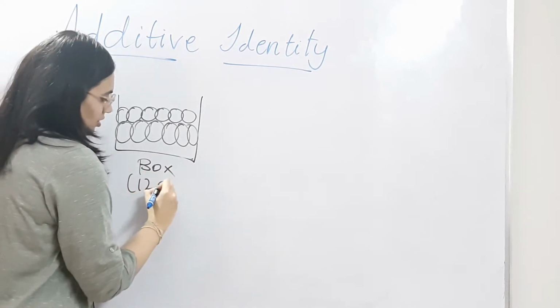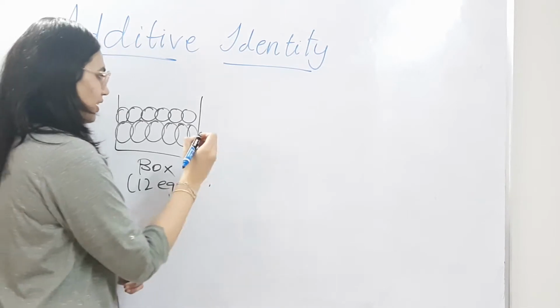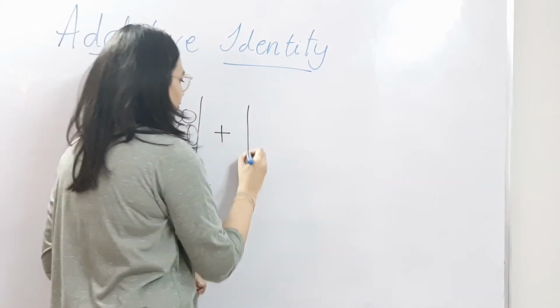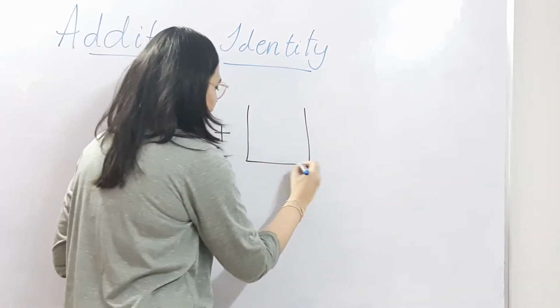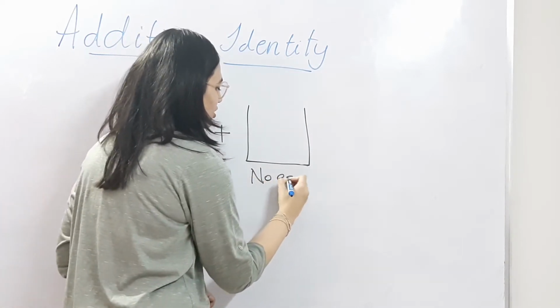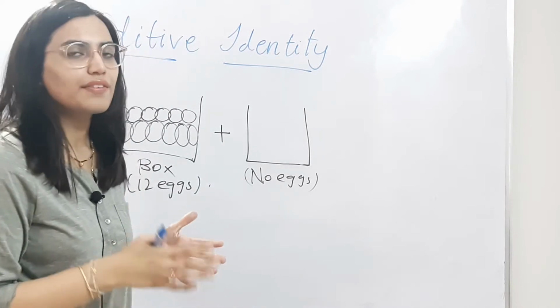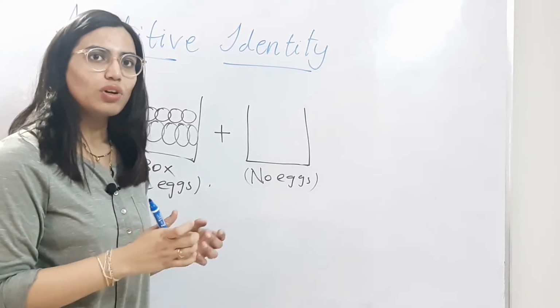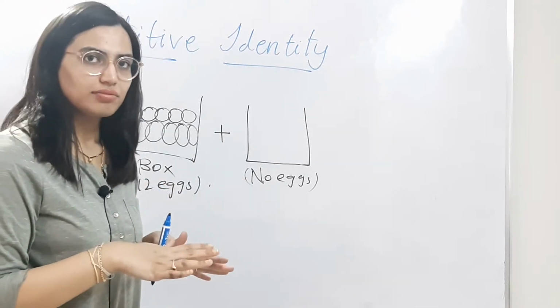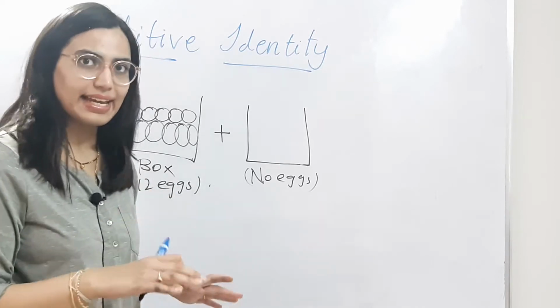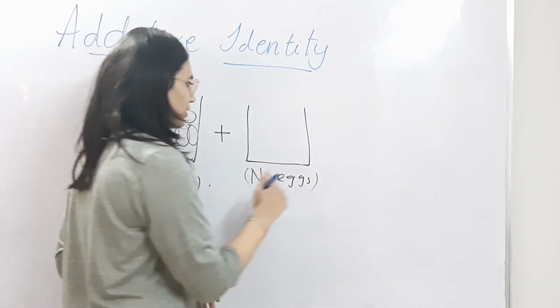So this has 12 eggs. What if I add no eggs to this 12 eggs? As in, you have a box, you have 12 eggs, and I don't want to add any egg. As in, I am not adding any egg. What happens in that case?